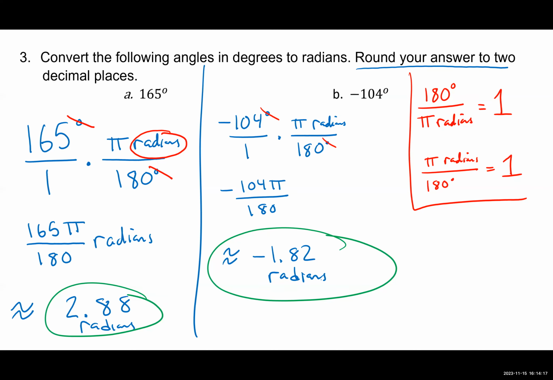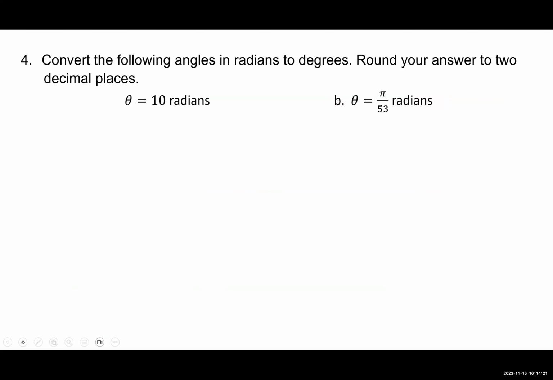Okay, looking good. So number 1 and 2, radians to degrees and degrees to radians, exact answers. Numbers 3 and 4, same thing, but decimal approximation.